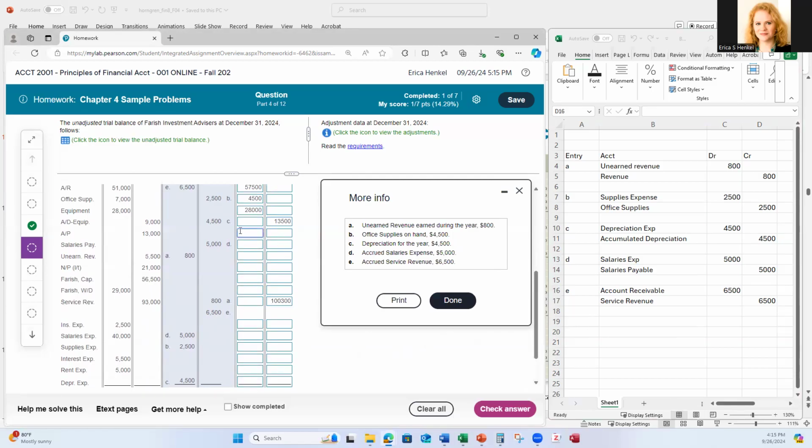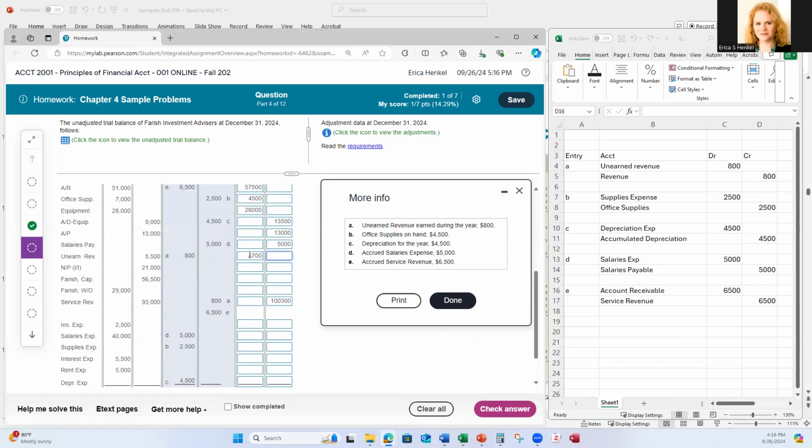So here, no entry, so that's a credit. This has only an entry with no beginning balance. This one has a credit balance that was debited. So 5,500 minus 800 would get us 4,700.